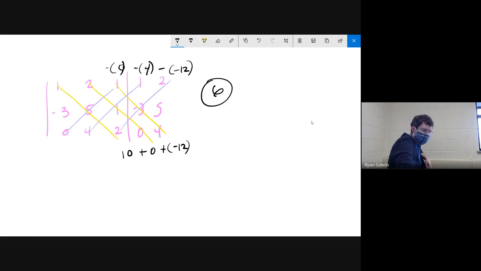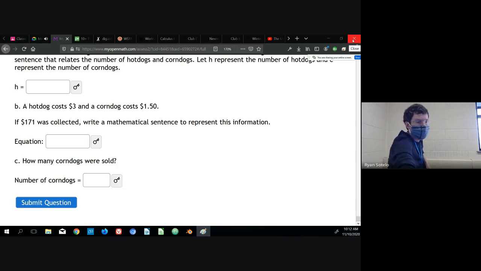What kind of calculators do you guys have? Some of your calculators will do the determinants. If you got one of these chunky graphing ones, it'll do it.